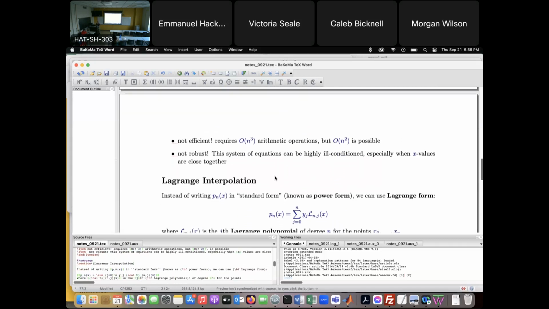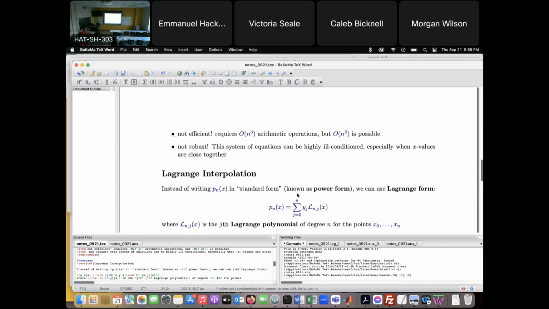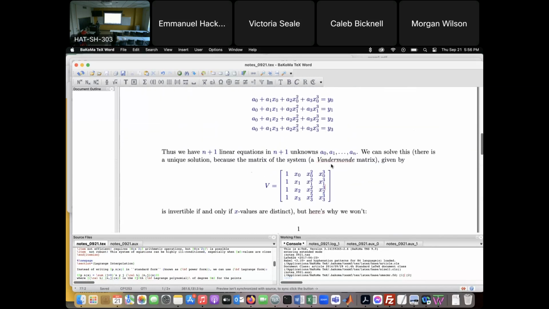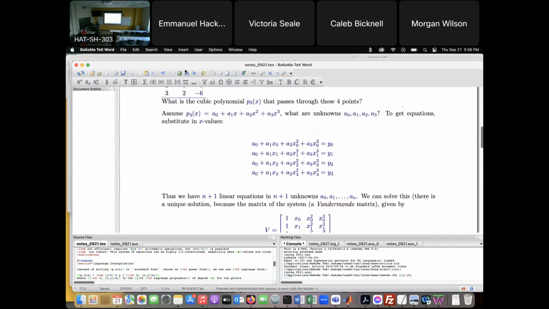So now we'll consider one other approach today called Lagrange interpolation, something that at least some of the people in this room are already familiar with. As I mentioned earlier, the way that the polynomial was written before, which is what we're accustomed to, this form of polynomial, constant plus constant times x plus constant times x squared and so on, is called power form.